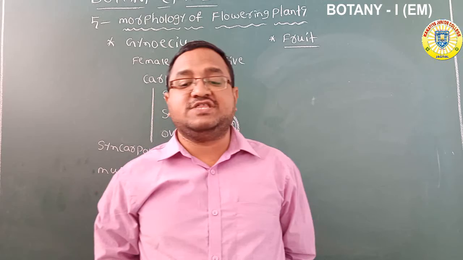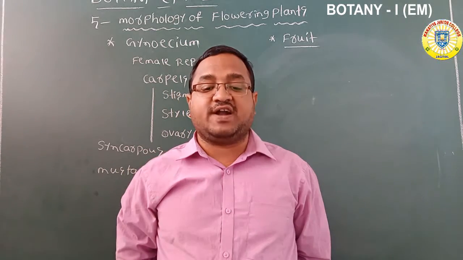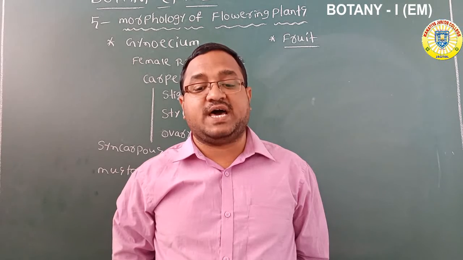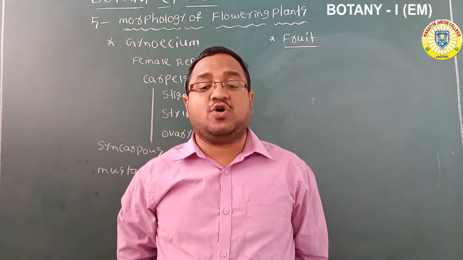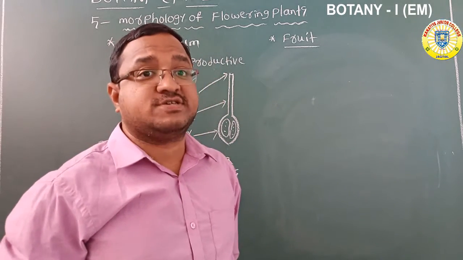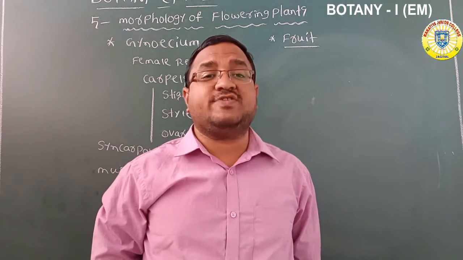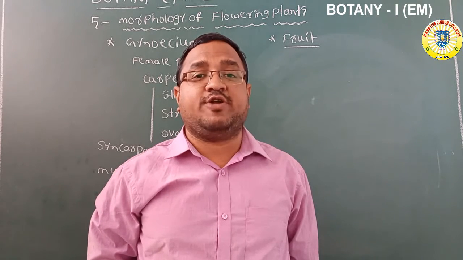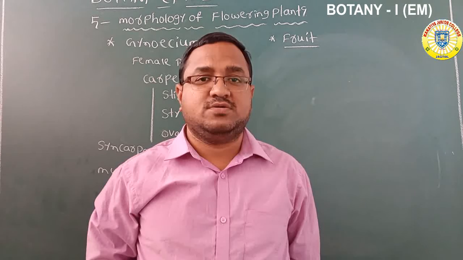If a fruit is formed without fertilization of the ovary, that type of fruit is called a parthenocarpic fruit. If the fruit is developed without fertilization, the ovary directly develops into fruit.